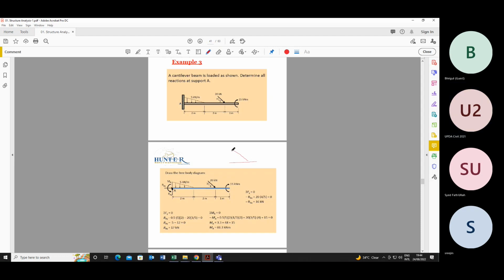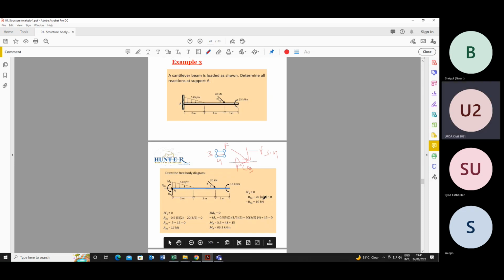For example, here it says this 3, this 4. If we resolve these two forces in x-axis and y-axis, suppose the force is F. This will be F cos theta in the x direction, and in the y direction it will be F sin theta. So let's start.